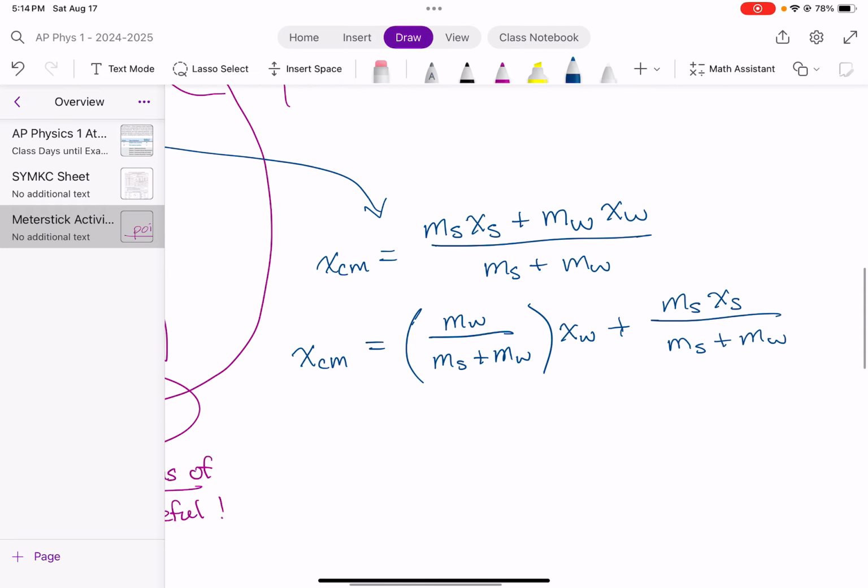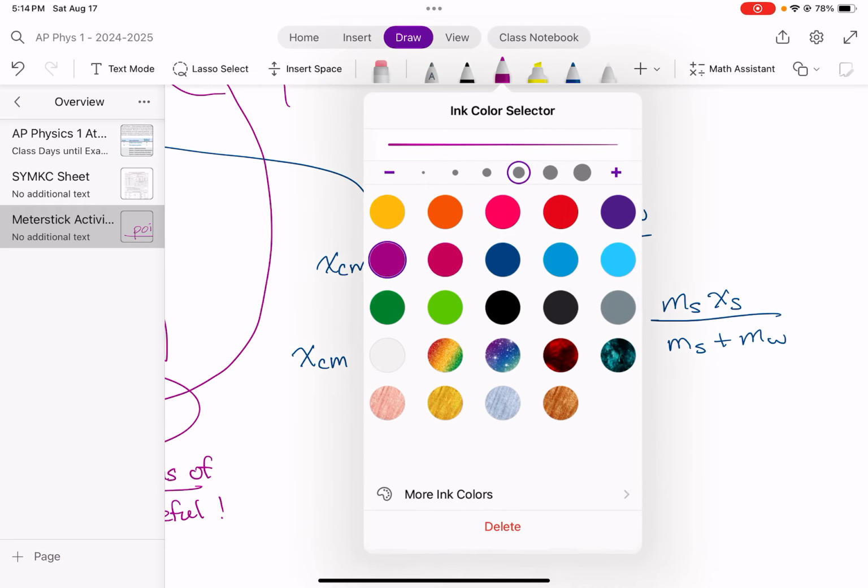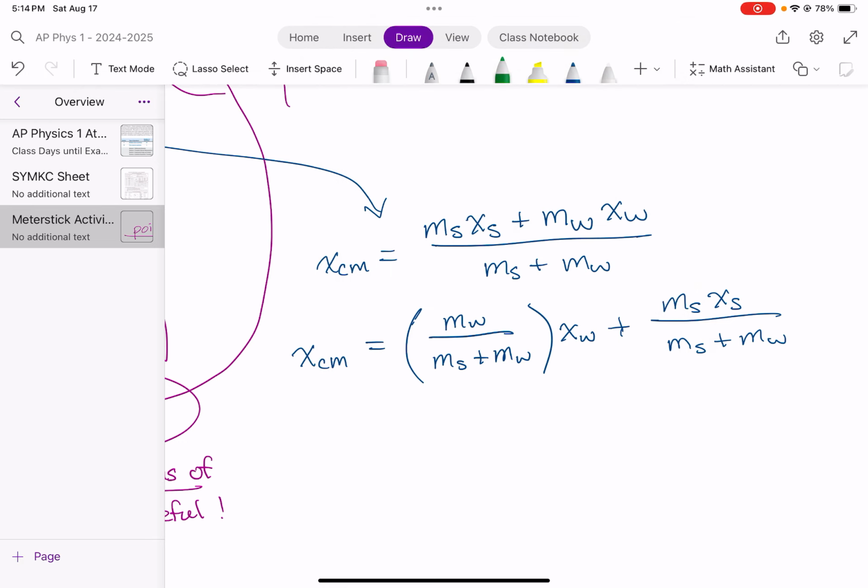Okay, I want you guys to look at this for a bit. Just really think about it. Think about this quantity here and this quantity here. In reality, the only thing that's truly changing is where we're putting the weight, and then the resulting center of mass of the system.